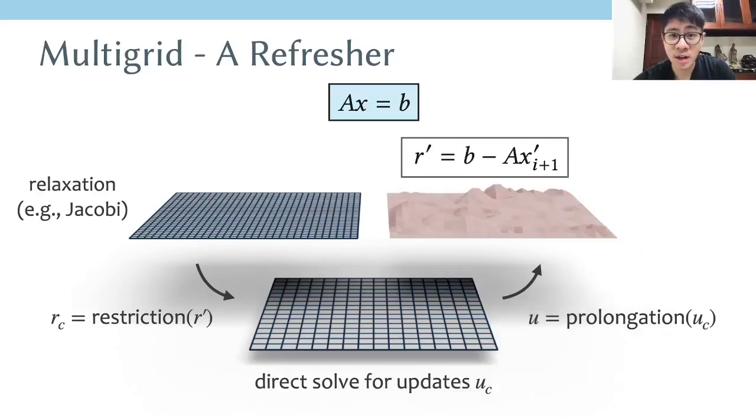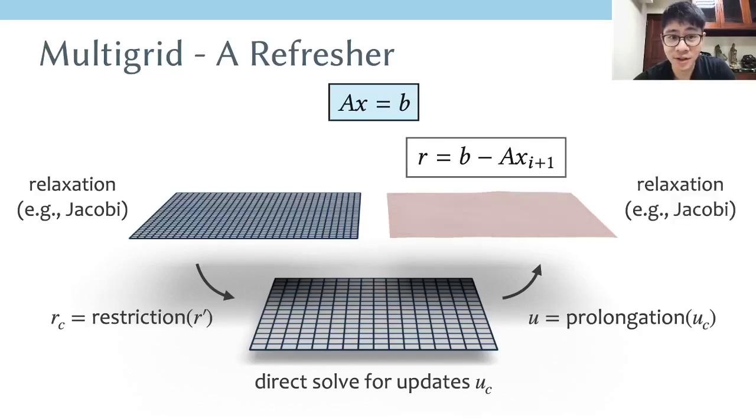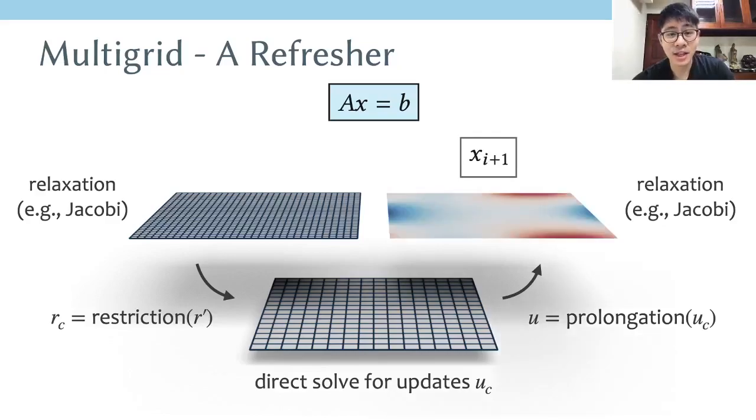By incorporating the updates from the coarse grid, we can already reduce the residual a lot, as you can see here. And finally, we will also do a few more relaxation steps to further remove the high frequency errors from the previous step. That leaves us the updated solution x_{i+1} for the next iteration, and the multigrid method will do the V cycle for multiple iterations until we converge.